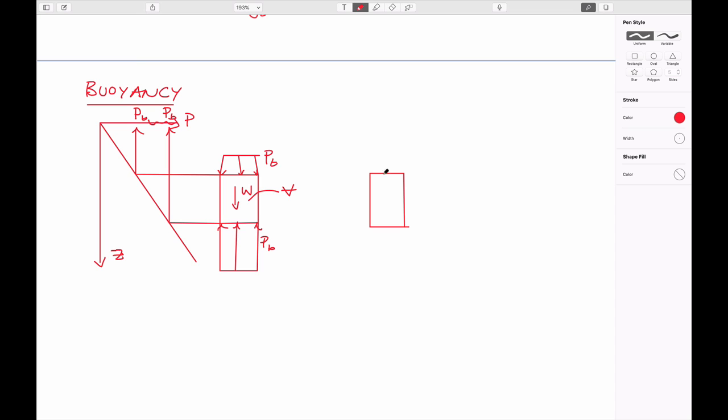And so the buoyant force acting upwards is just equal to the unit weight of the fluid multiplied by the volume that's displaced, in other words, this amount. And the weight of this particular structure would be what's pulling it down. So if this has a particular weight, then acting downwards would be this.